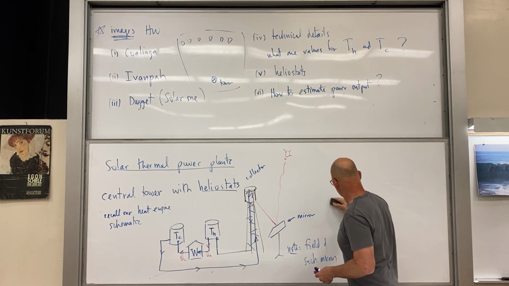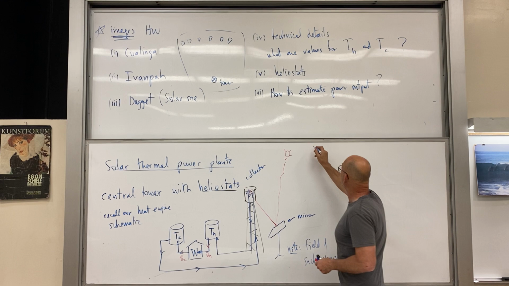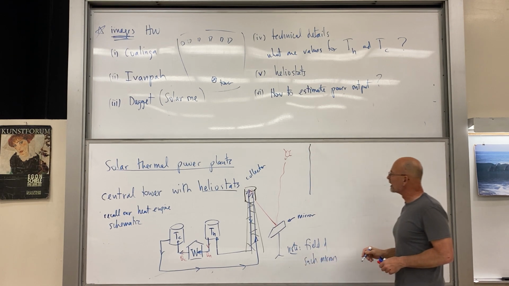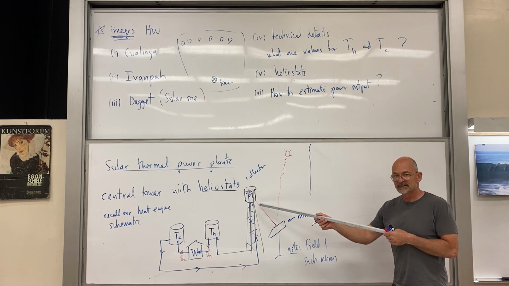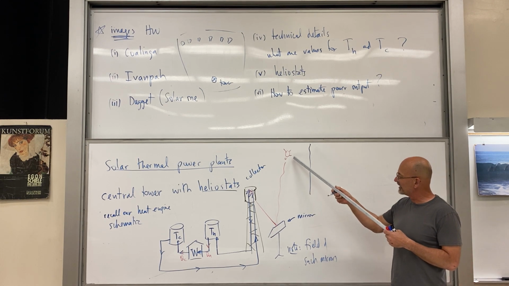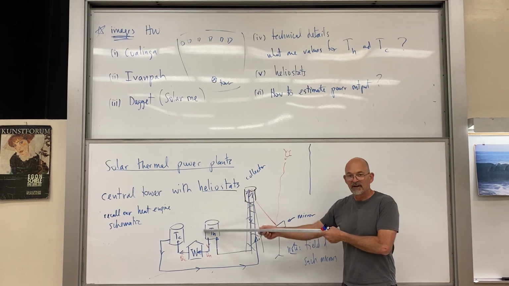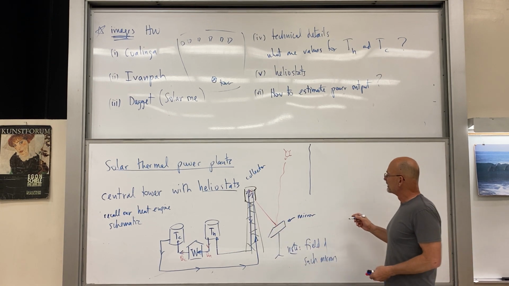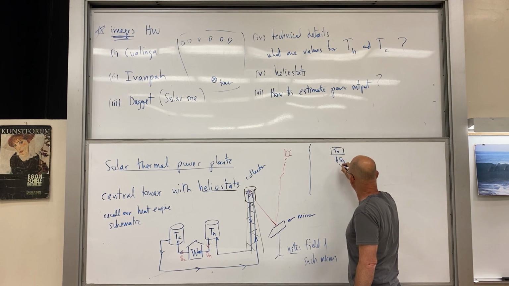I'll leave this picture up. It's nice. It could be better, but there we go. So we want to estimate the power output. Remember, this is a heat engine, and the energy source is sunlight, but it's being gathered as thermal energy. So I'm even going to draw a small version of our heat engine just to remind you.